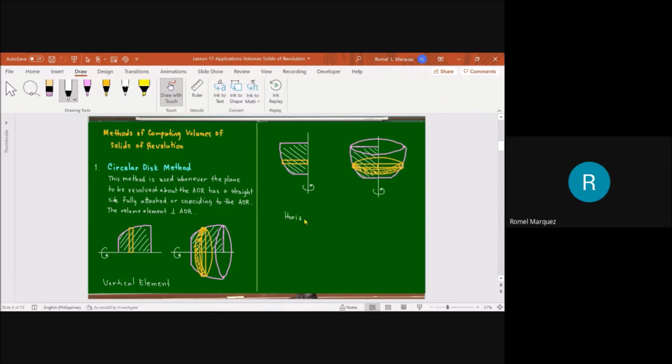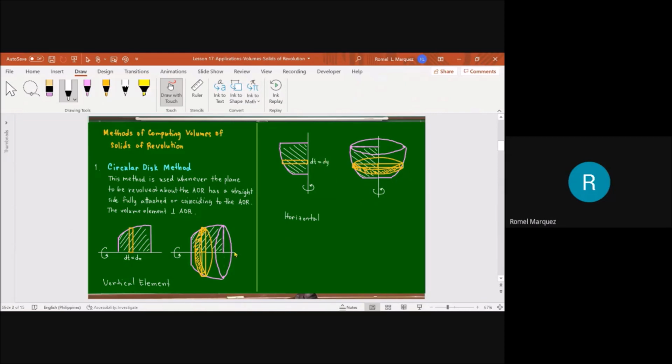Horizontal element. So in this case, this is our dt, and dt here happens to be dx. And if your element is horizontal, your dt is dy.